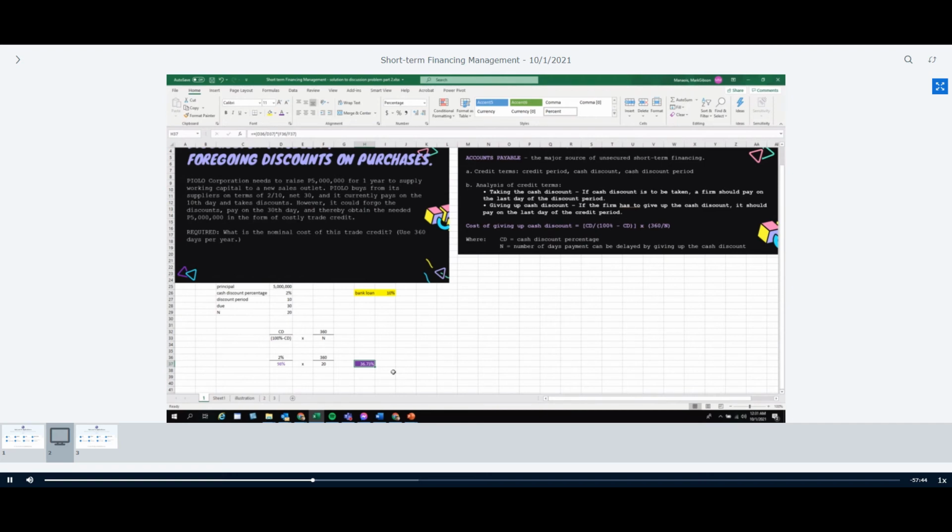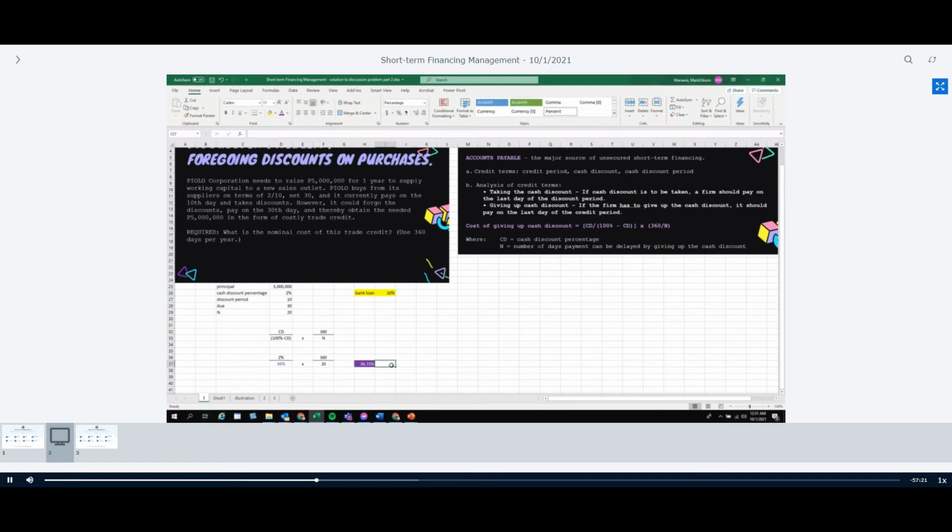So, the option available to Piolo is to go to the bank and loan for 5 million. Kasi nga, if he loans from a bank with 10% interest, 10% lang yan compared to the 36.73%.